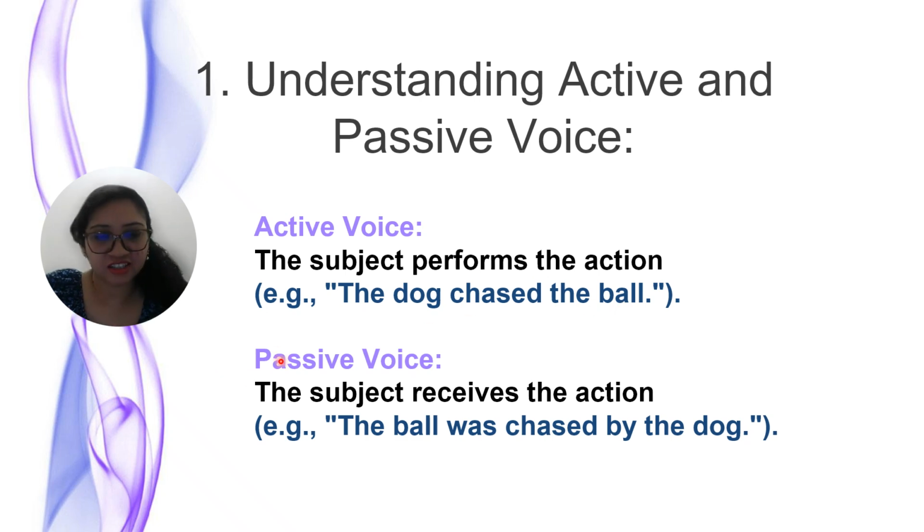On the other hand, the passive voice is where the subject receives the action. So in this case, the ball was chased by the dog. So you can see here that in the active voice, the doer is foregrounded, whereas in the passive voice, it is the object receiving the action that is foregrounded.